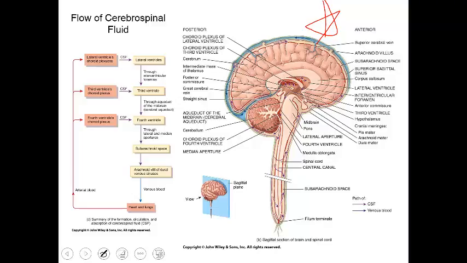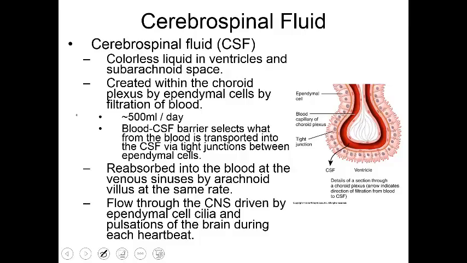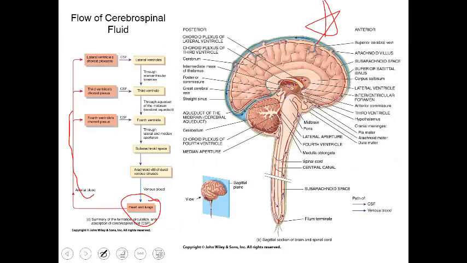So you have blood, the heart is pumping the blood, the lungs are getting the oxygen in, the oxygen is diffusing into our bloodstream, and the heart is pumping through the arterial system into the fourth ventricle. So it goes into the fourth ventricle, it goes into the third ventricle, goes into the lateral ventricle.